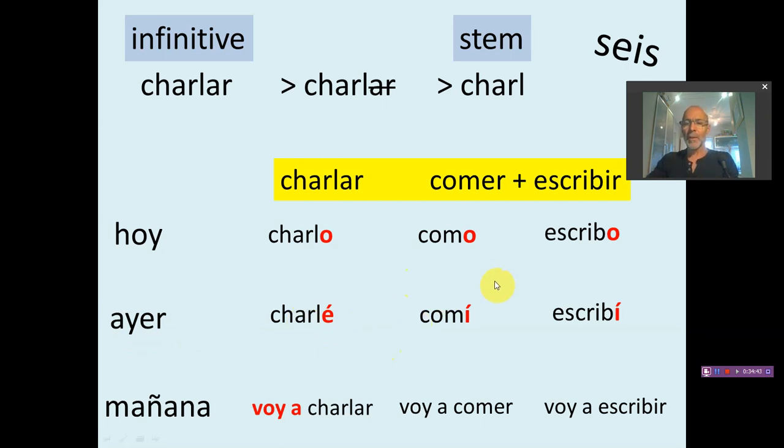If it's one of the other two groups of verbs, comer or escribir, it's an I with an accent that goes onto the stem of those verbs. Okay, so you get comí and escribí. And finally, if we're talking about what we're going to be doing, future tense, you need to remember voy a. Okay, voy a charlar, voy a comer, voy a escribir.